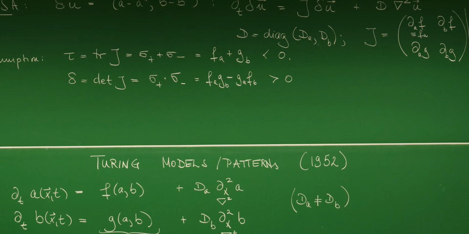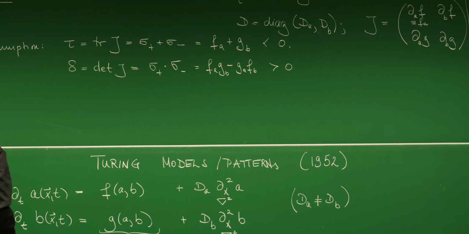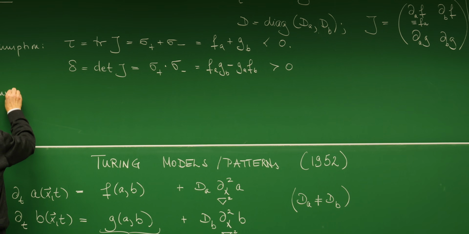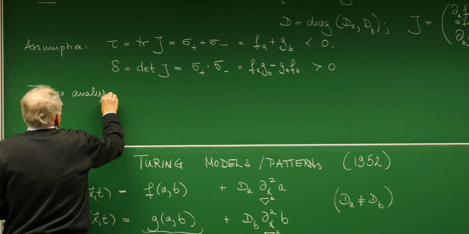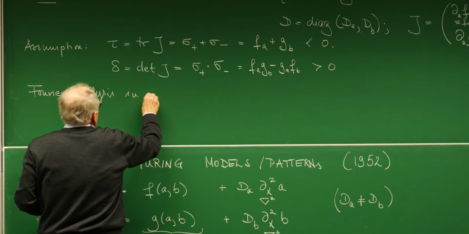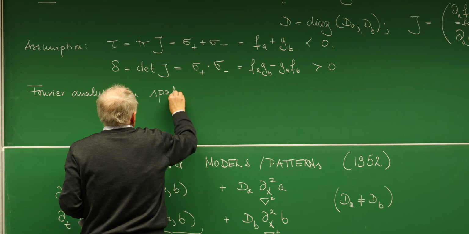That's just what I drew here in pictures. Our homogeneous steady state is stable to local perturbations. And then we do a Fourier analysis as before in the spatial domain.